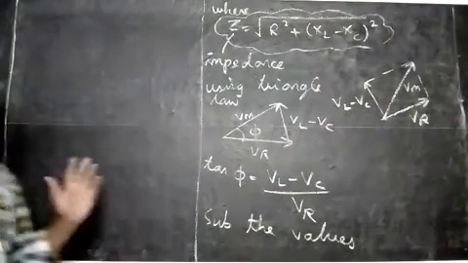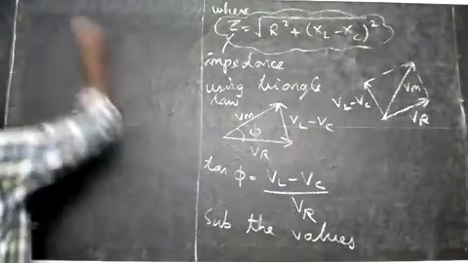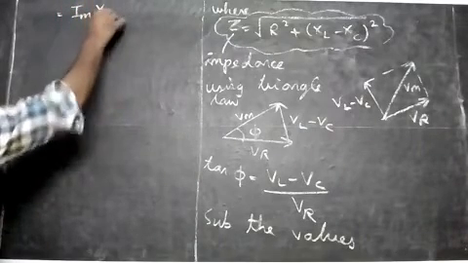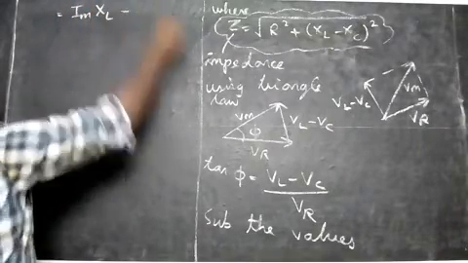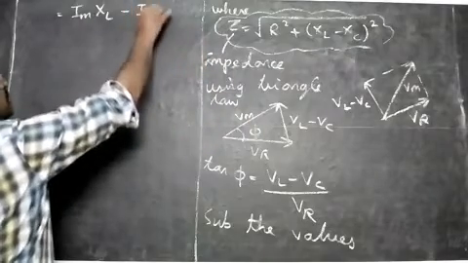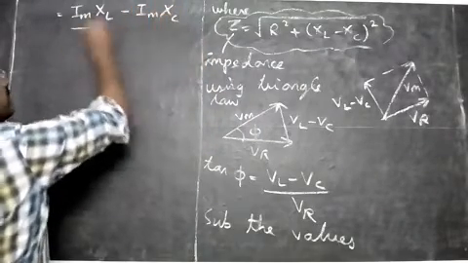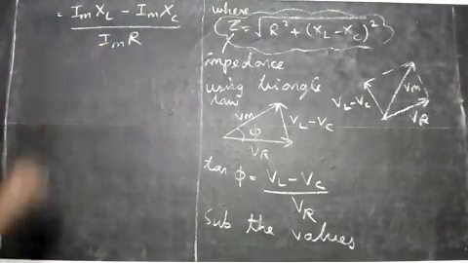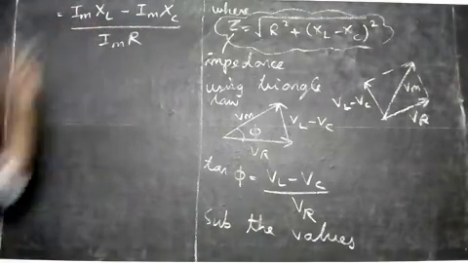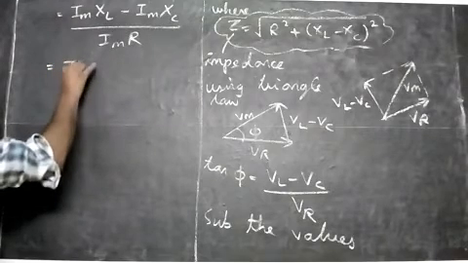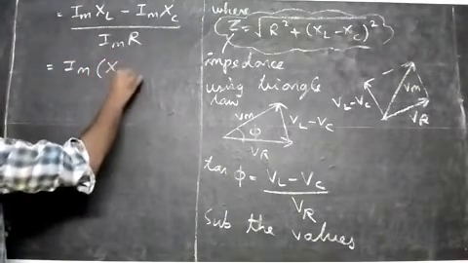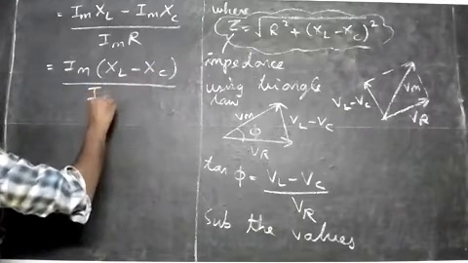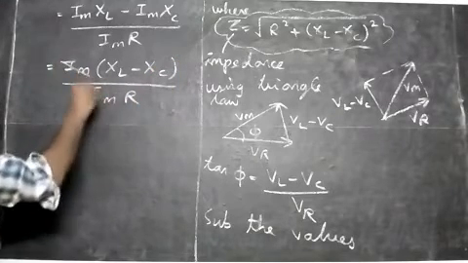When you substitute the values here, what is VL equal to? That's equal to IM into XL. In the same way, minus VC, that is IM into XC, the capacitive reactance, divided by VR, that is IM into R. Now you see in the numerator, IM is common, so take IM out: IM into XL minus XC, divided by the denominator IM into R. So IM and IM will cancel.